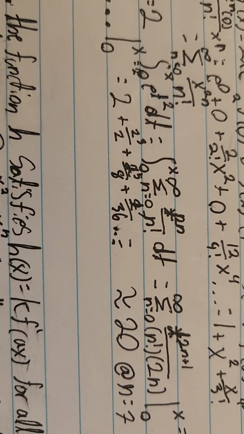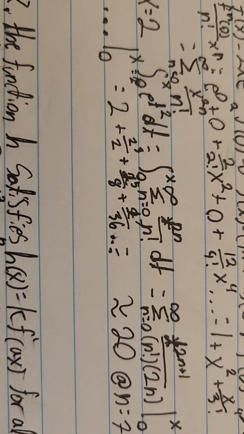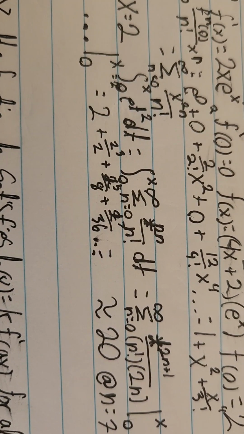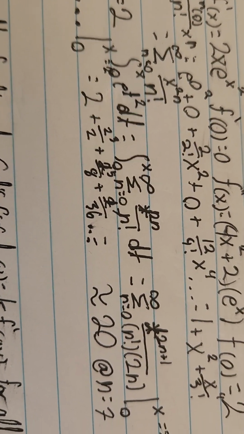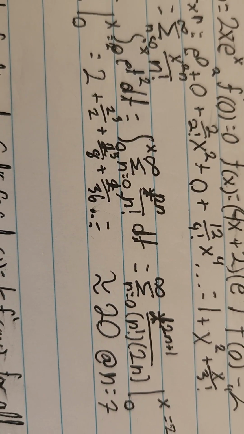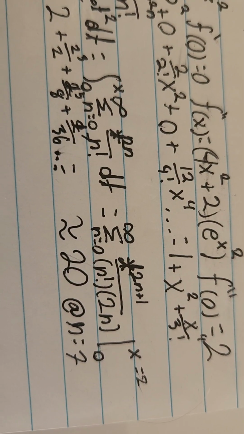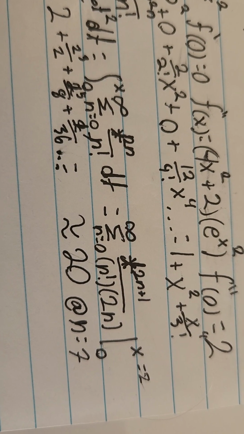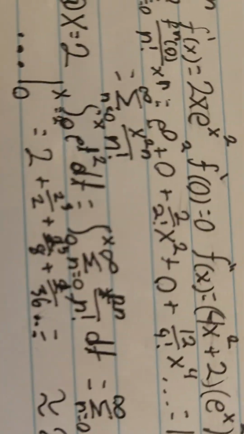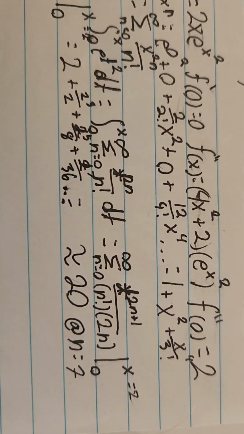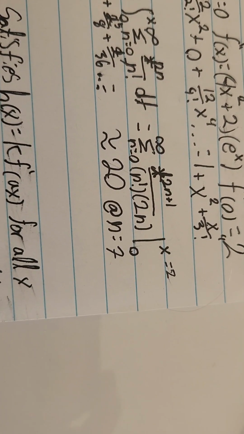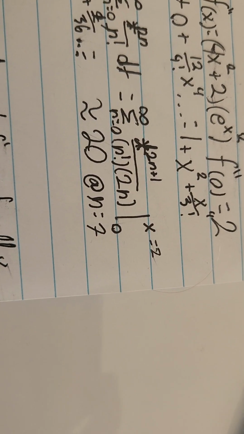So for the integral of e to the t squared dt, you get the integral from 0 to x of the series n equals 0 to infinity of t to the 2n over n factorial dt. That's another reason why I got this, because it was going to be useful here.